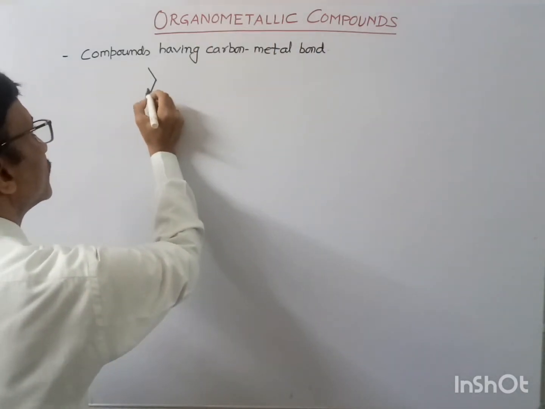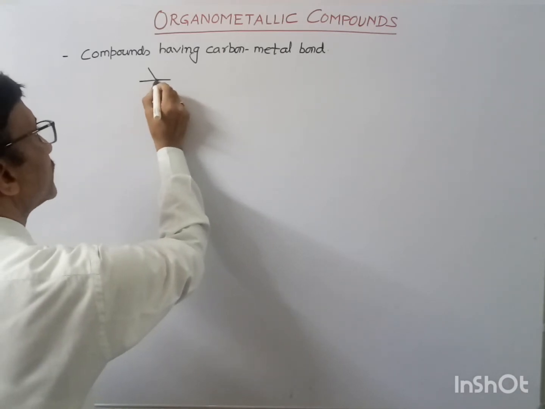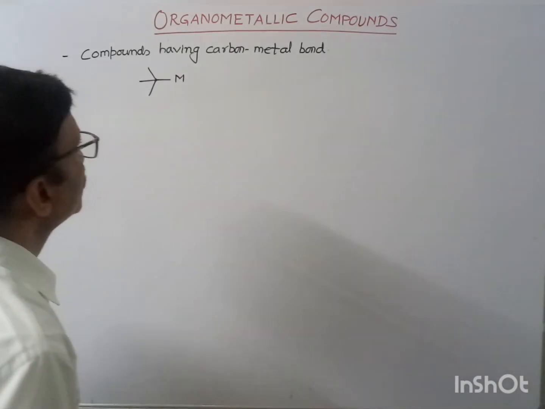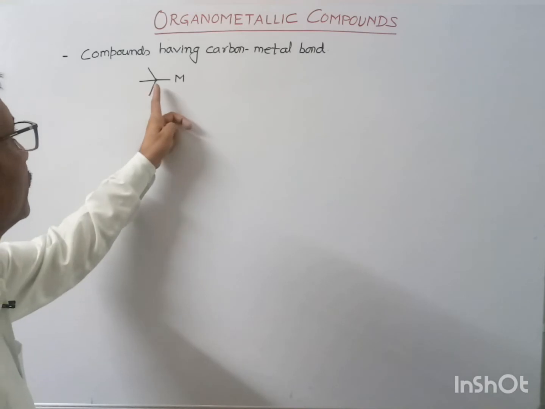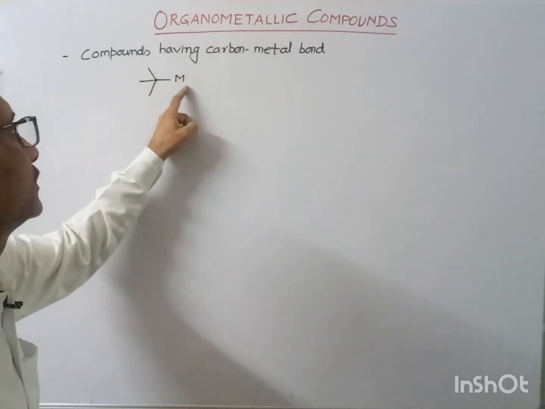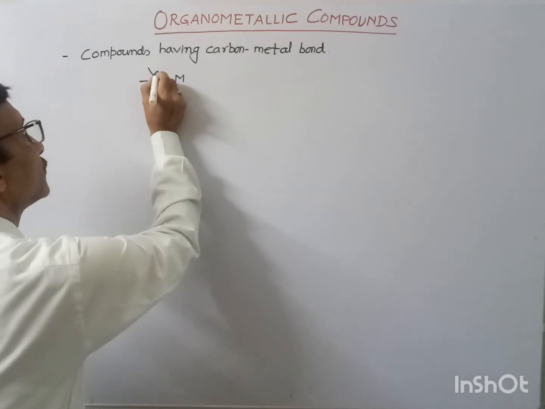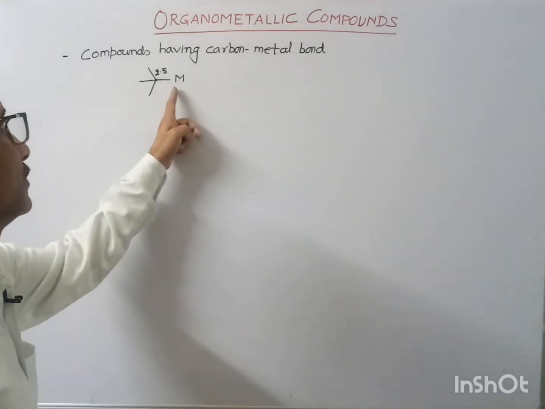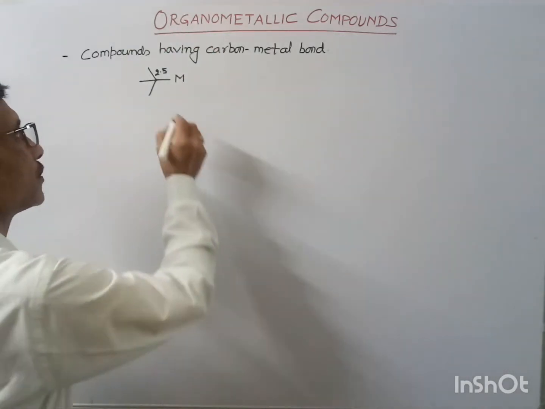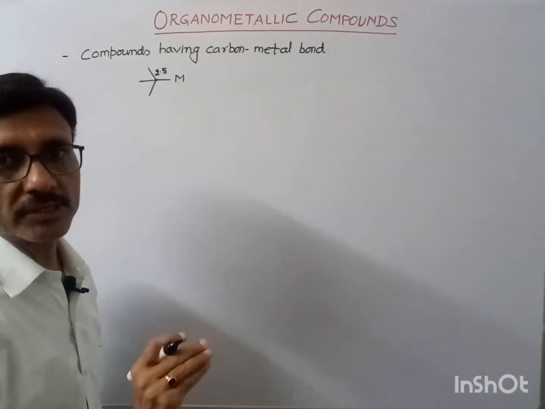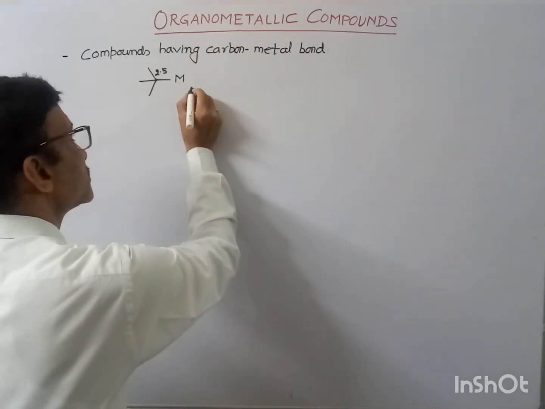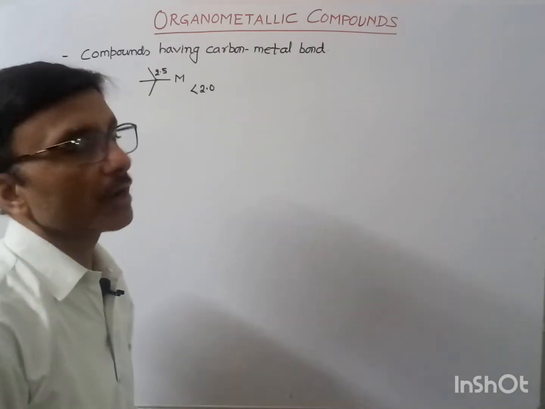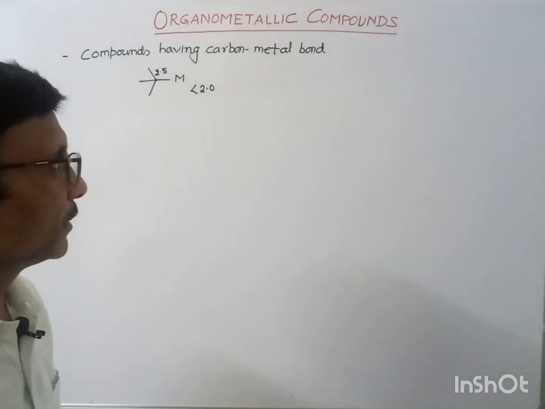For example, if we have this carbon, and this carbon is attached to a metal, then if we see the electronegativity difference between this carbon and this metal, we know that the electronegativity of carbon is 2.5, whereas the metals in organometallic compounds have electronegativity less than 2.0. Such compounds are called organometallic compounds.